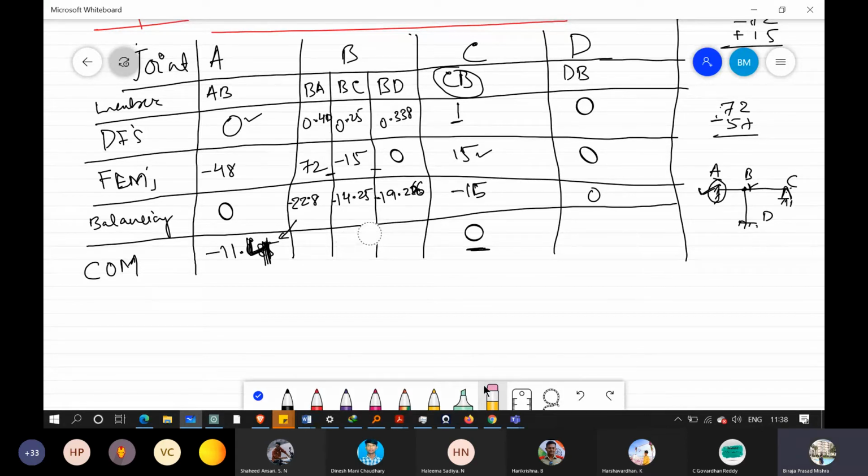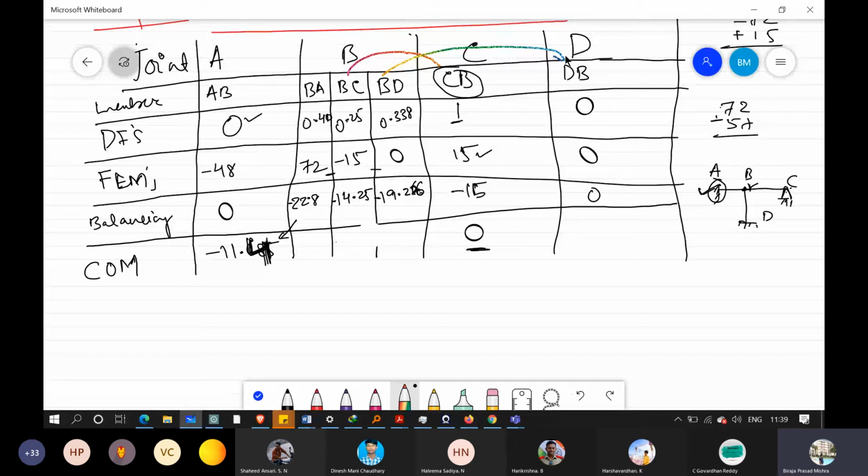So BC will go to CB and BD will go to DB.